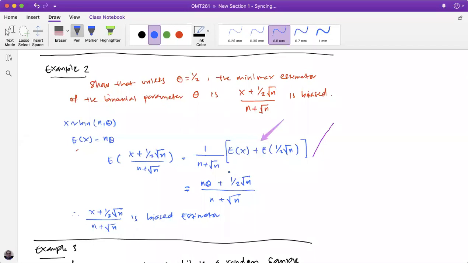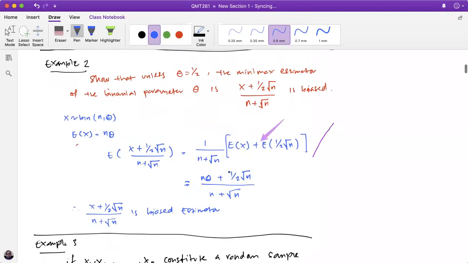Show that unless theta is equal to half, the minimax estimator of the binomial parameter theta, which is X plus half square root of n divided by n plus square root of n, is biased.